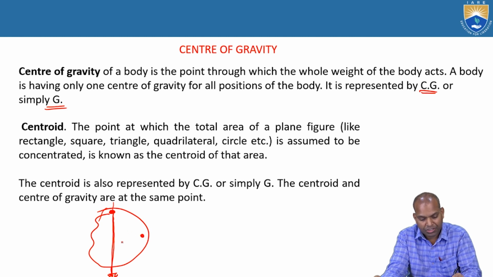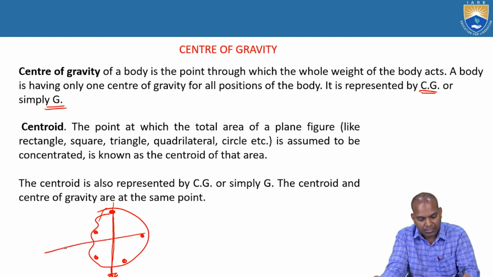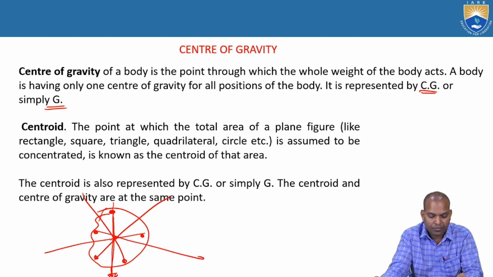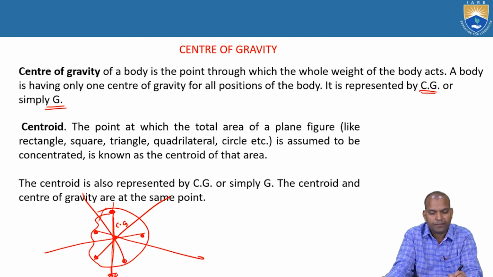Again, we hang the shape at various other points. The intersection of all these lines is the centroid of the plane area. If it is a solid body, it is the center of gravity of that body.